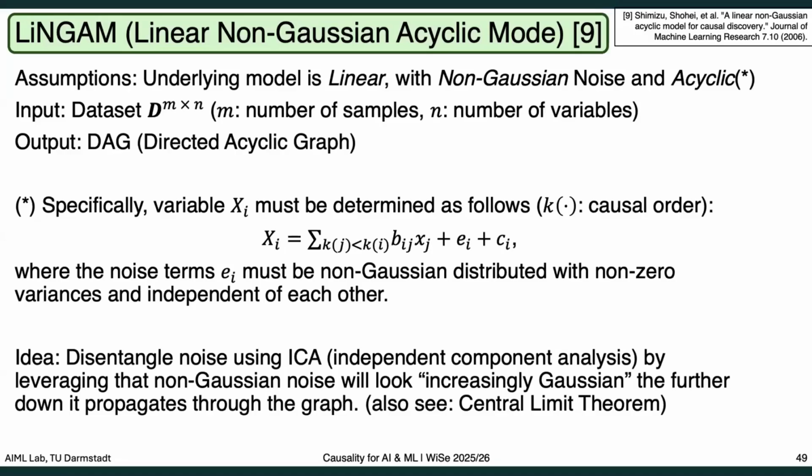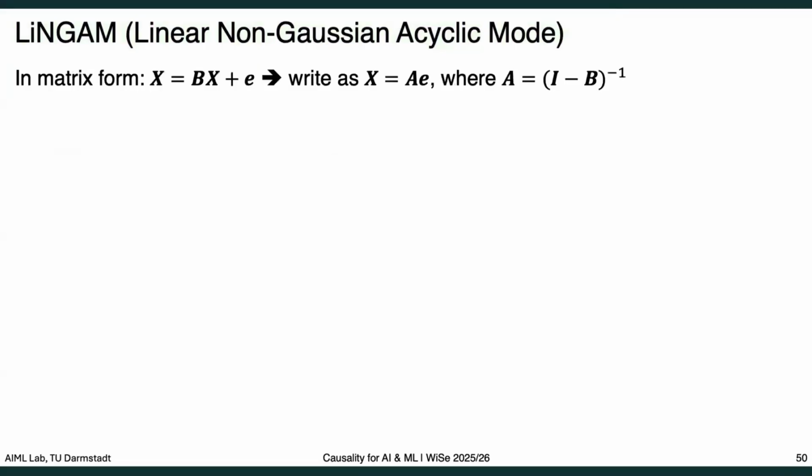Following this idea, the further down in the graph we are, the more noise distributions we stack on top of each other, the more Gaussian the distribution will look. So if we can sort by Gaussianity, we can identify that. If you have questions, give me two or three more slides. Let me finish LiNGAM.